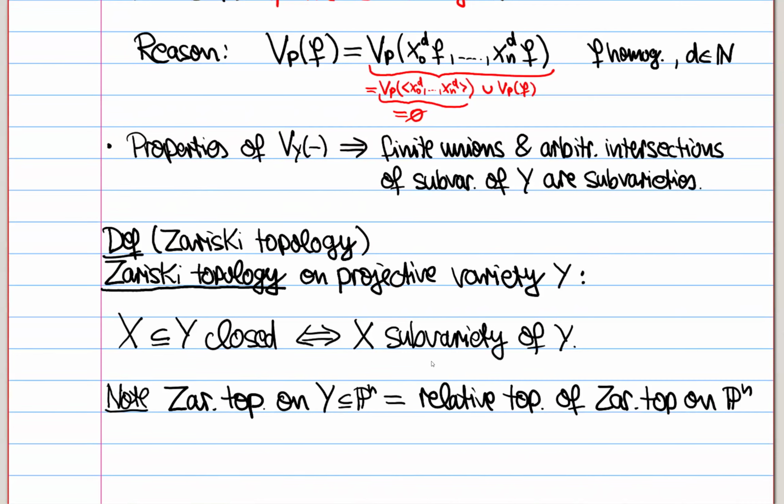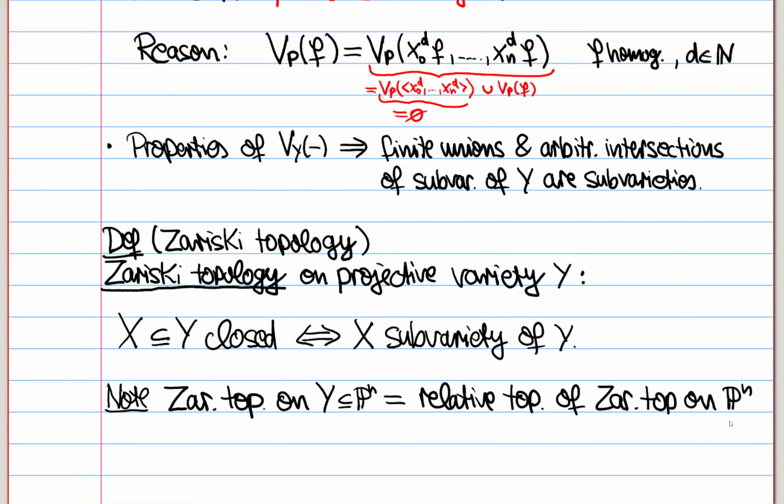And then there's the usual compatibility check. So for example, the Zariski topology on the variety Y inside Pn is just the same thing as the relative topology of the Zariski topology on Pn.